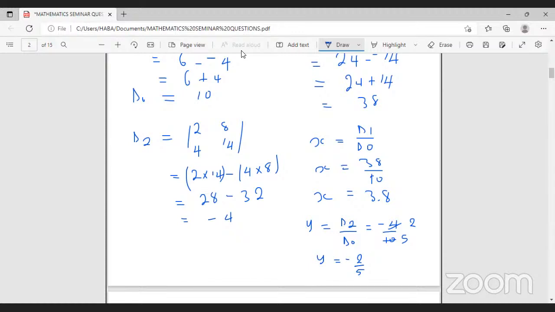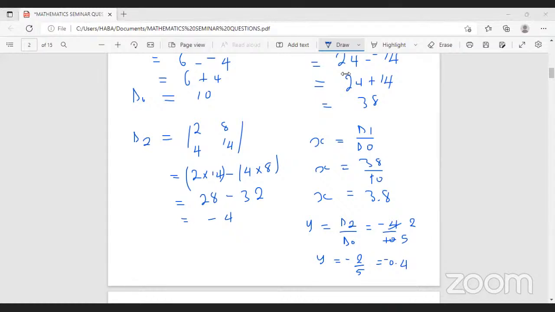Can we have the y value as a decimal point? Okay. Negative 0.4. Okay, thank you. So that's it. Do we have any other ones to take us through the same method, a different method? Someone else with a different method?